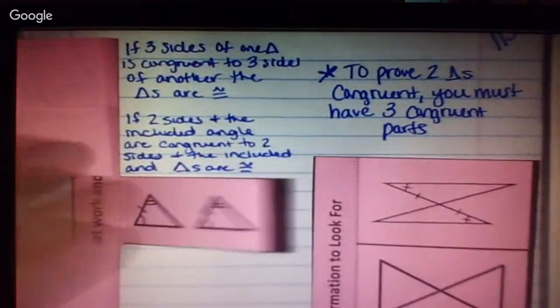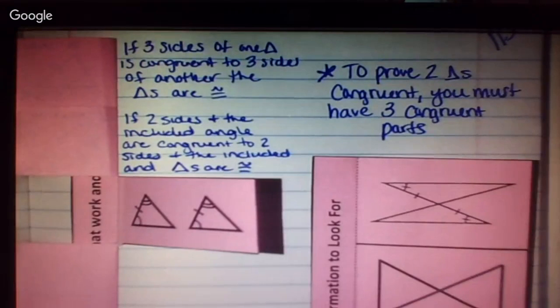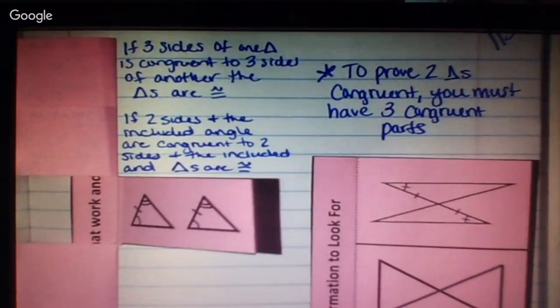So if you see side angle side, you can tell me that your triangles are congruent. This one works. Oh, we didn't put a check on the outside. Put a check on the outside too, so you know this one works.